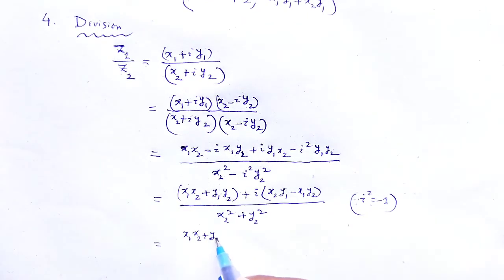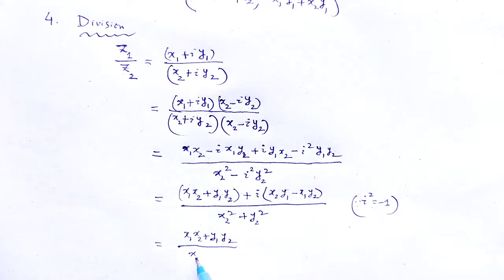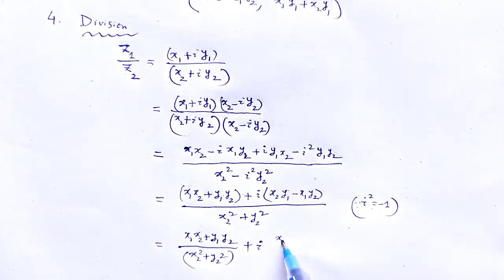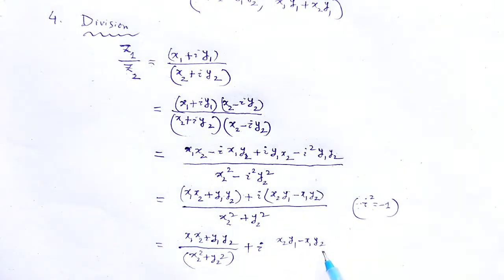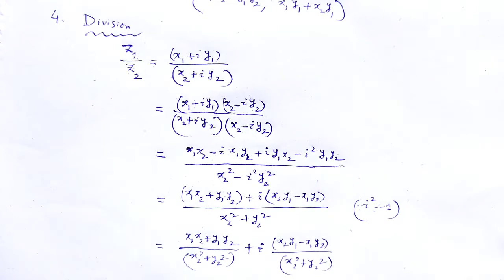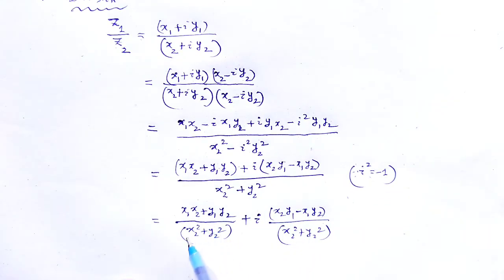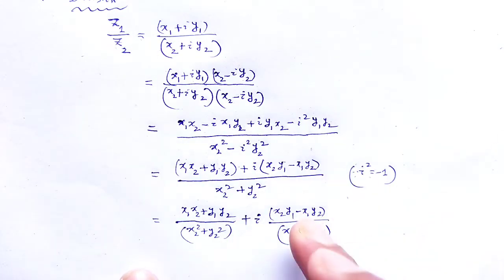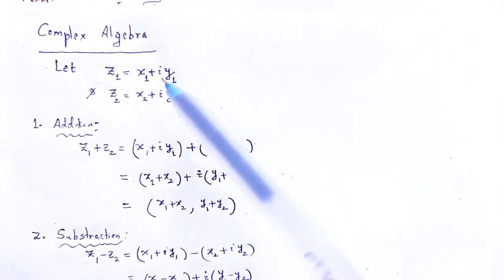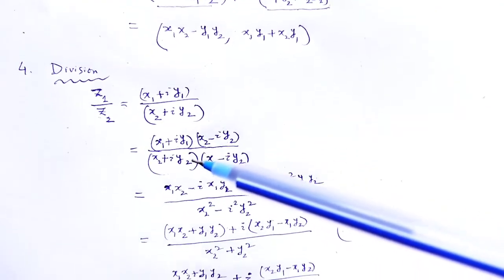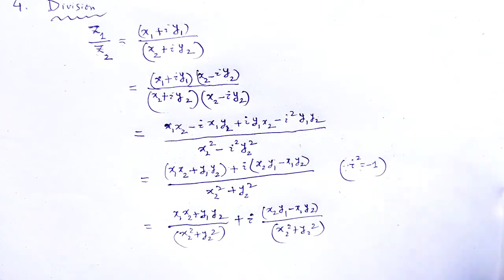So, x1 x2 plus y1 y2 divided by x2 square plus y2 square, plus i times (x2 y1 minus x1 y2) divided by x2 square plus y2 square, that is a complex number. This is the real part, that is the imaginary part. So, the division of two complex numbers results in a complex number. In the algebra of complex numbers, we see addition, subtraction, multiplication and division.